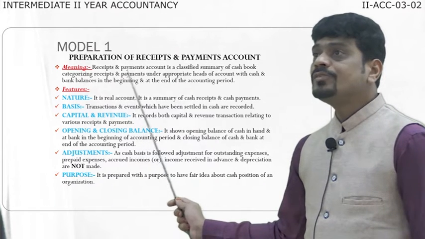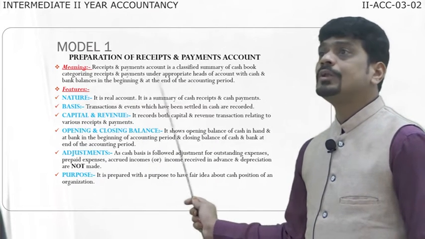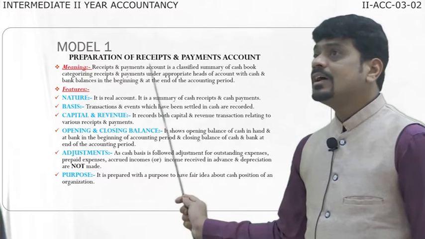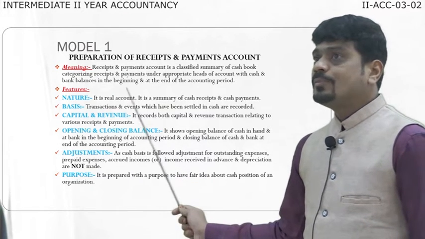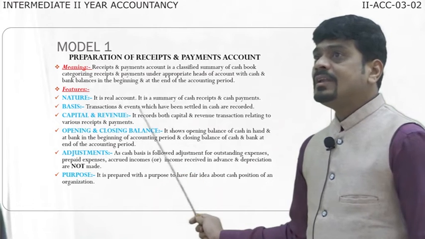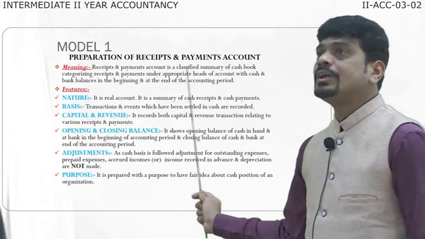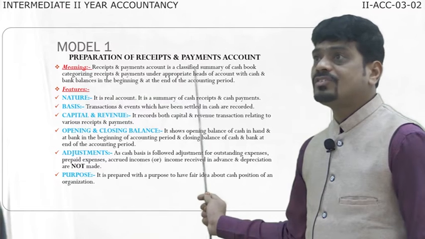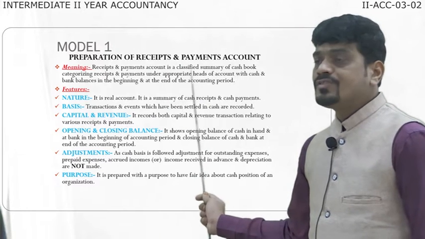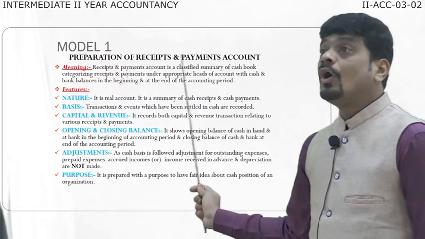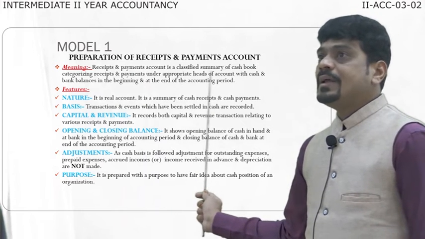Here we are not going to maintain a 2 column cash book. Please do keep in mind, it is just similar to your single column cash book. So receipts and payments account is the classified summary of all the cash transactions, or the cash book, and in this we record all the receipts and payments.